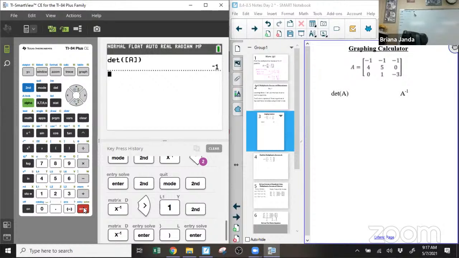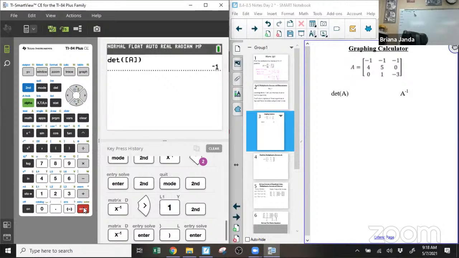Okay, so determinant of A, we now know. The second thing I asked you to do was find your inverse. Our inverse, same thing. We're using A. We already have A typed in there.